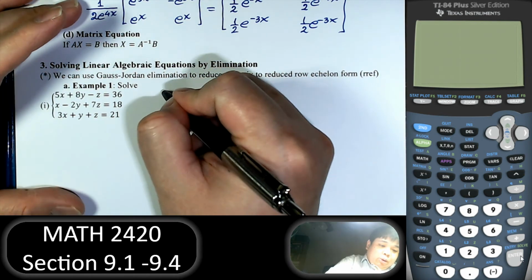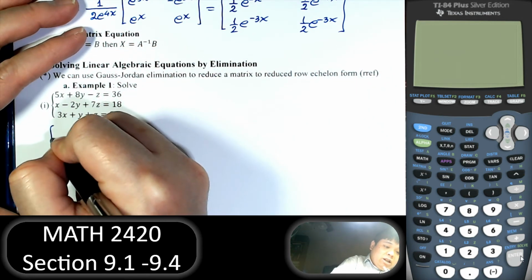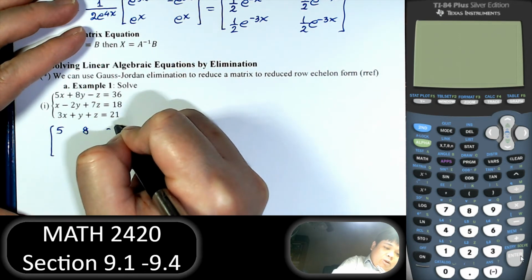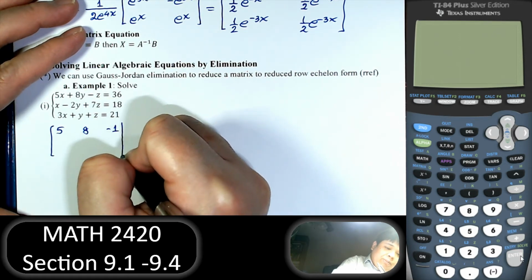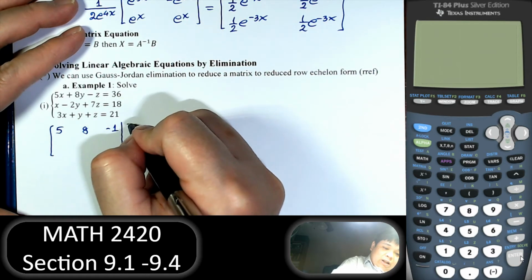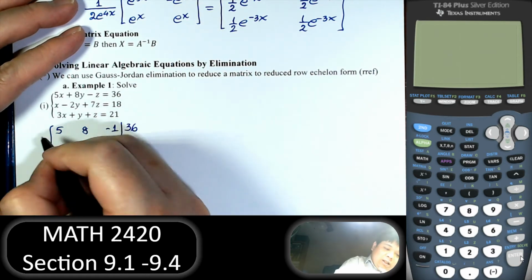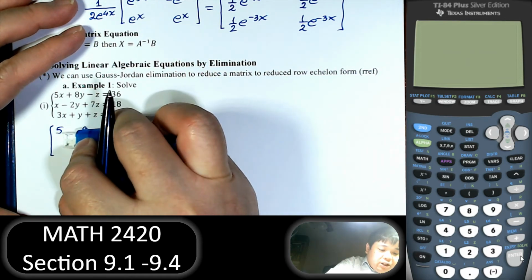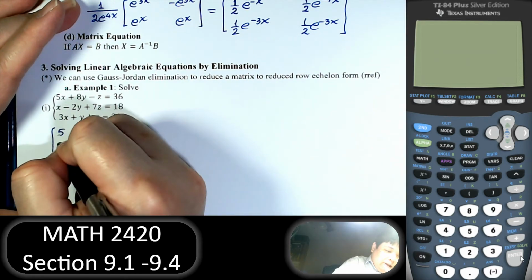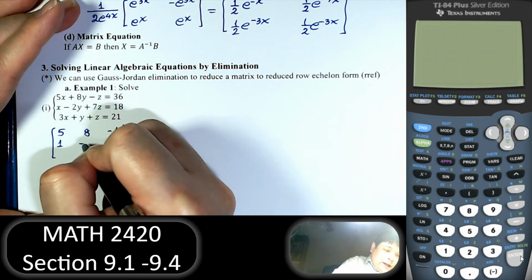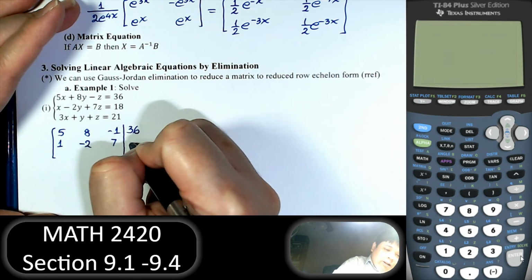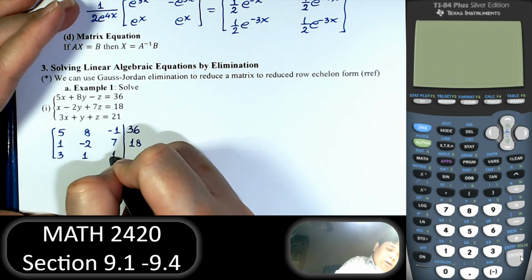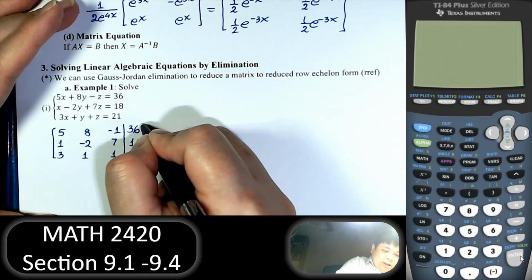So first, we put in the matrix, which is called the augmented matrix: 5, 8, negative 1, and I will draw the vertical line to indicate there's an equal sign there, 36. Then x, which is 1. So put all the coefficients in the matrix: negative 2, 7, 18, 3, 1, 1, and 21.